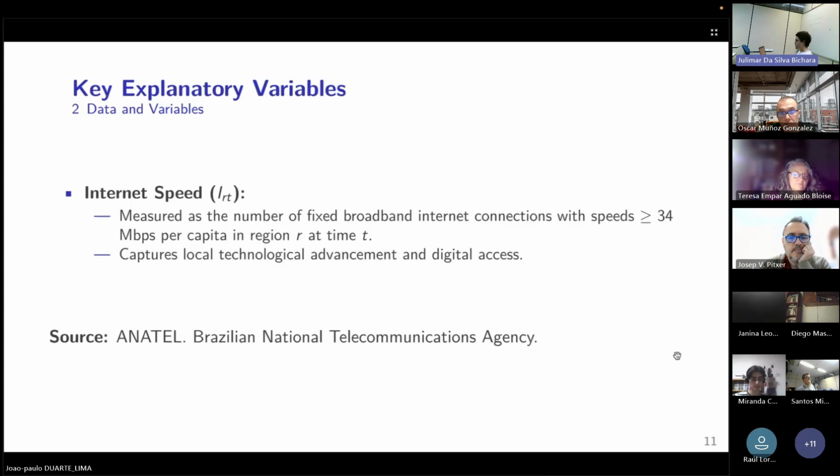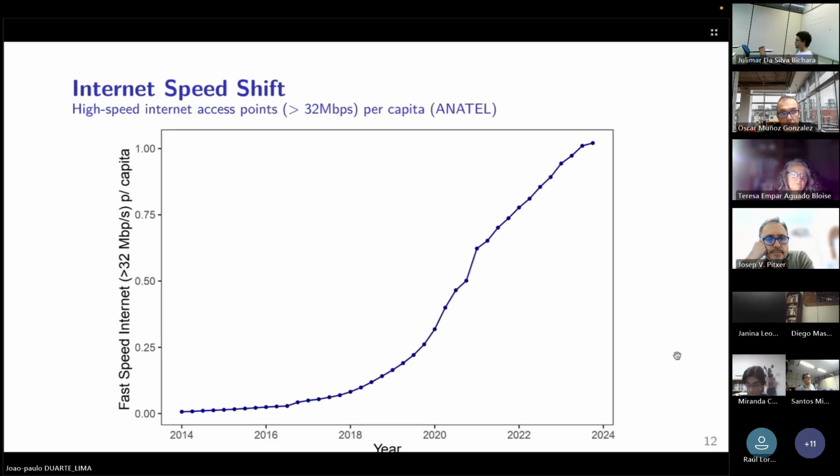The source is the Brazilian National Telecommunication Agency, so it's administrative data. This is how it evolves over time for all of Brazil, though I measure this for different divisions in Brazil. Overall, you can see that before 2016 most people didn't have fast internet access, and now it's almost one internet connection per person.